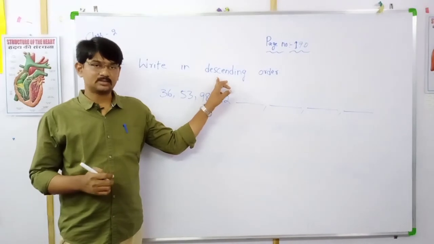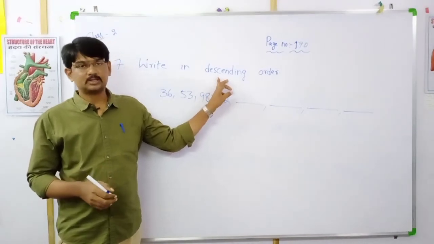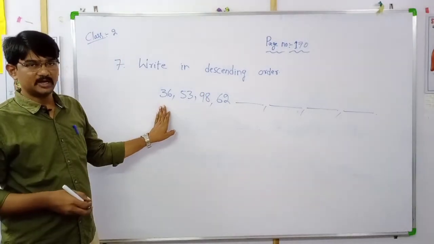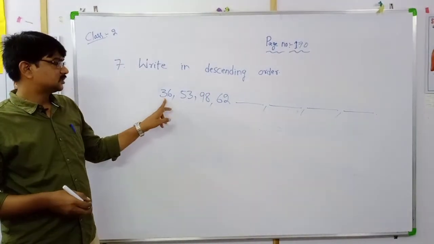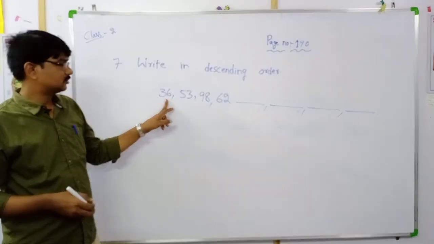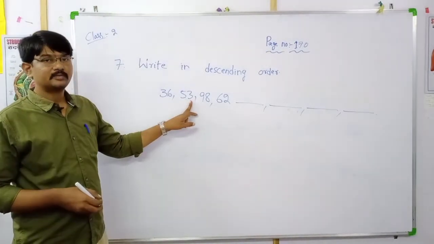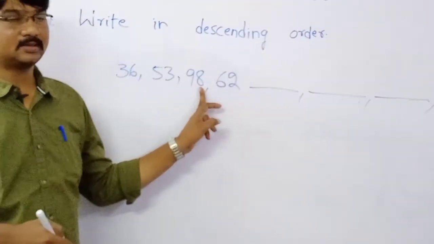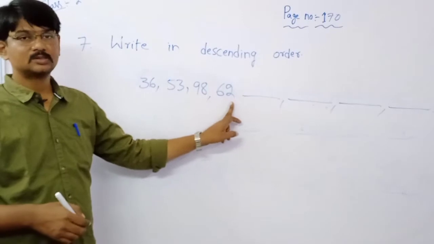Writing the numbers big to small. So first we need to find out the biggest number. 36 here, 53 here, 98, 62.